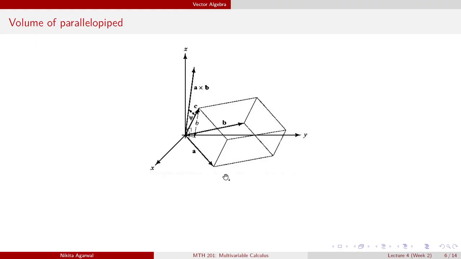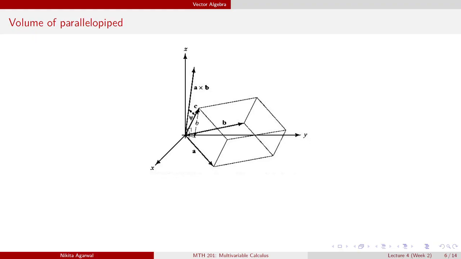So let us understand what is the volume of this parallelepiped. So the volume of this parallelepiped is area of base times height, right? So if you look at this parallelogram here, you know its area, right? We saw it in the previous slide. So what is the area of the parallelogram which is spanned by vectors A and B? It's nothing but the norm of A cross B. And what is this height? Okay.